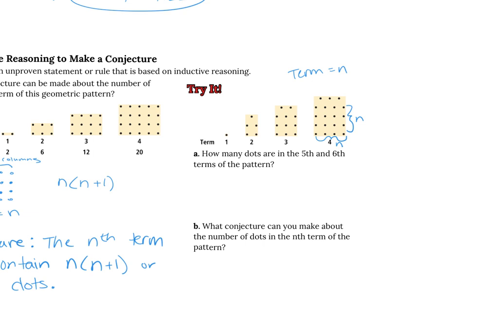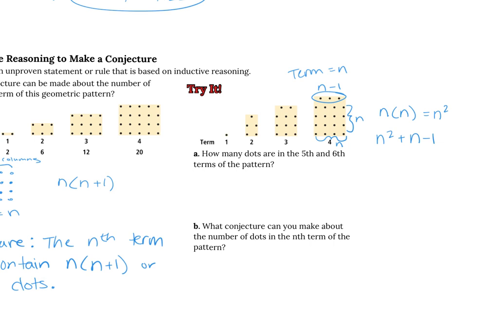So I would then take for these top 3 n minus 1. Again, to find area, we take length times width, so n times n. Well, n times n is just n squared. So I would have n squared to find me the area of that square, but now I need to add to that those top 3 or 2 or however many is on top. So n minus 1.